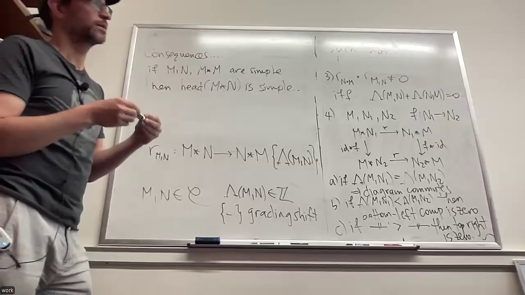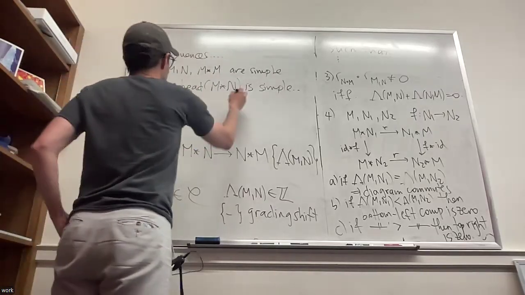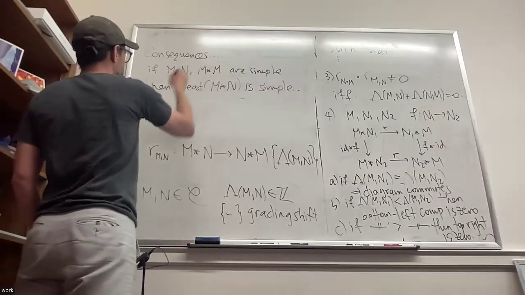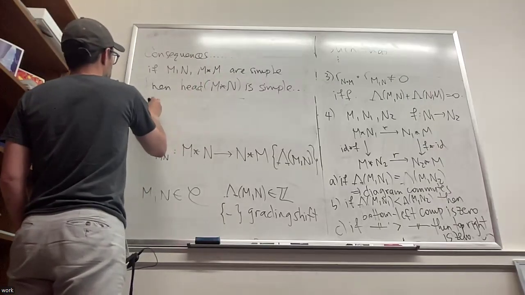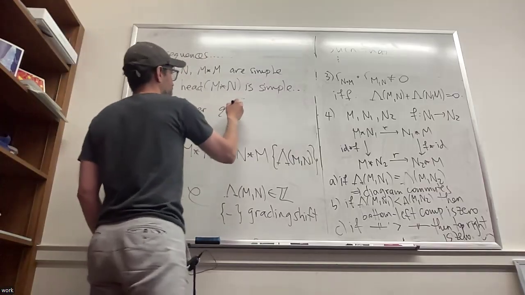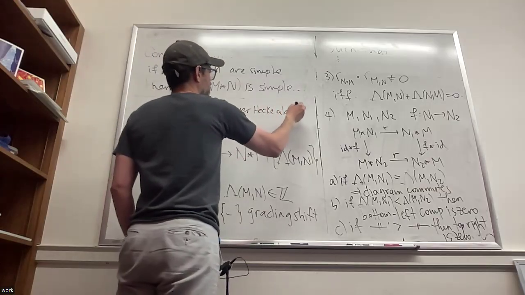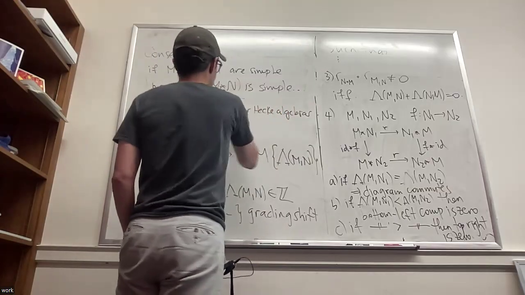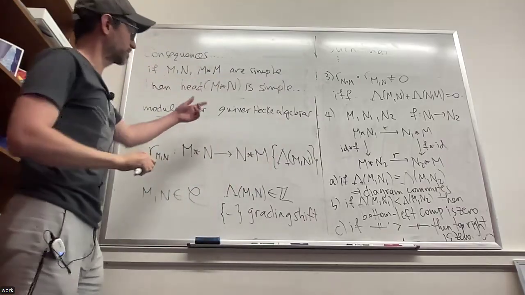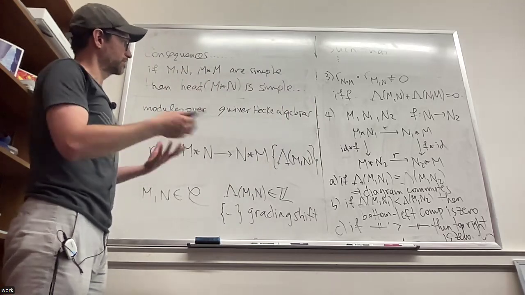Yes, I'm fine with it. But then the case studied is when the category is the category of modules over some sort of quiver Hecke algebra. If you look at quiver Hecke algebras, you can look at their modules.